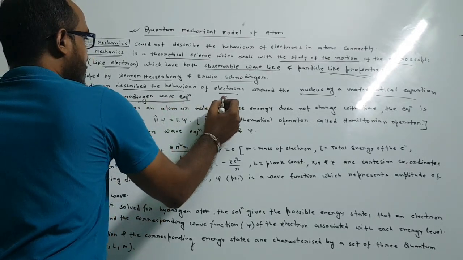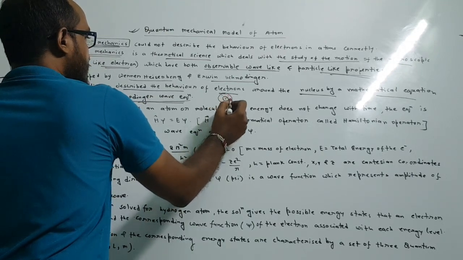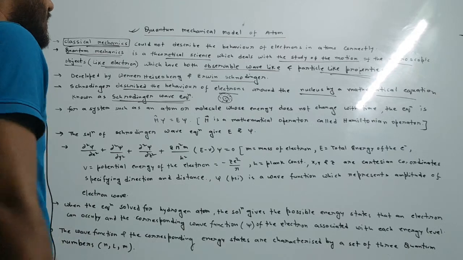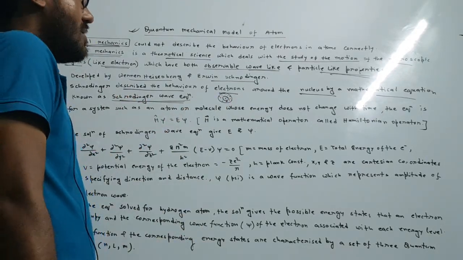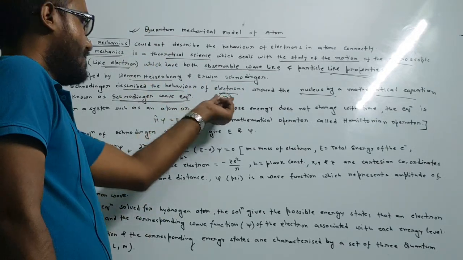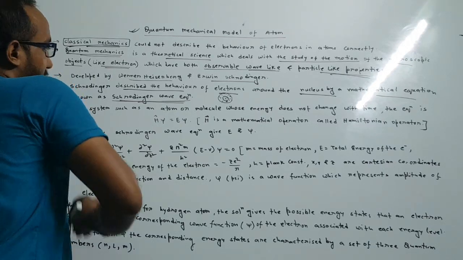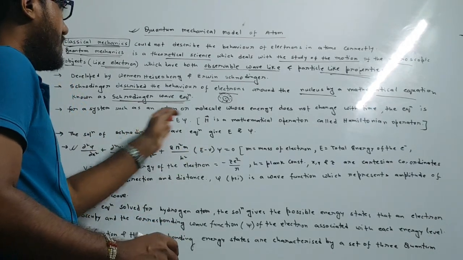Where an electron lies is described by the Schrödinger wave equation. By solving the Schrödinger wave equation, we can tell where an electron lies at a particular time.